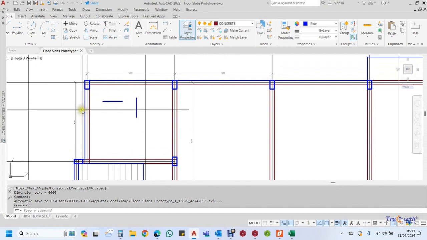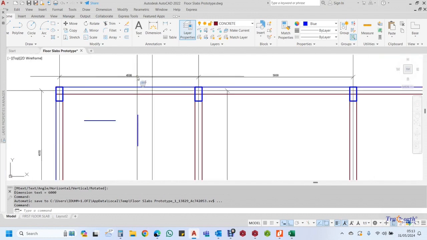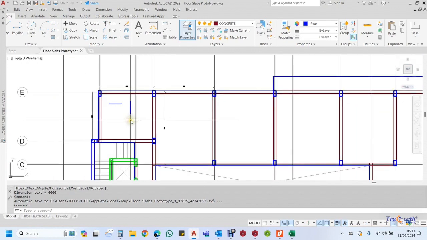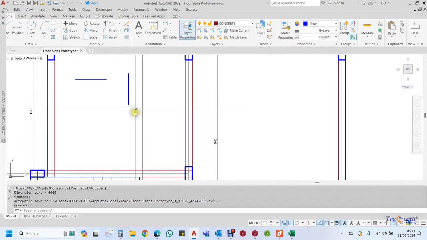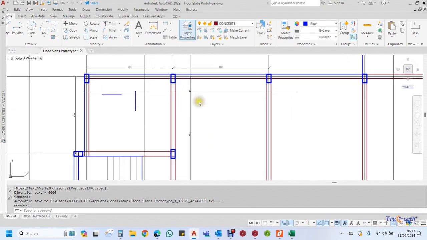And then you also need to do that for your long direction. For both the long and the short, first you must check for the span moment, then the support, depending on the support condition. If it is continuous, then you must analyze for the design of the support or the edge condition.